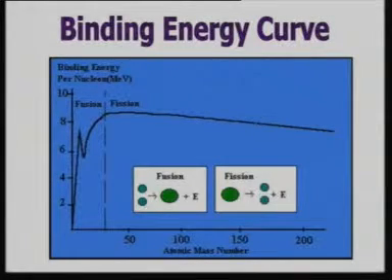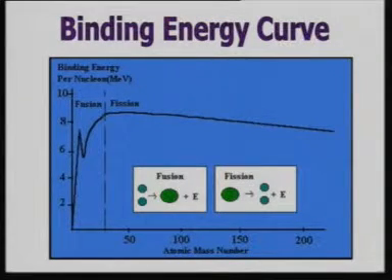This means that smaller particles can be combined. For example, hydrogen can be combined with hydrogen, or hydrogen can be combined with helium, and so on. That means smaller particles can be combined and energy can be produced, because they result in increasing binding energy per nucleon.